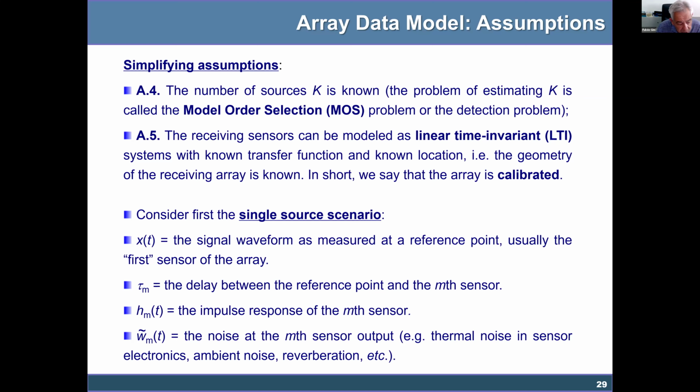And then we denote by w tilde m of t the noise at the m-th sensor output. It can be thermal noise, ambient noise, clutter, reverberation, etc. I mean, any disturbance which is different from the signal of interest x of t generated by the single source.